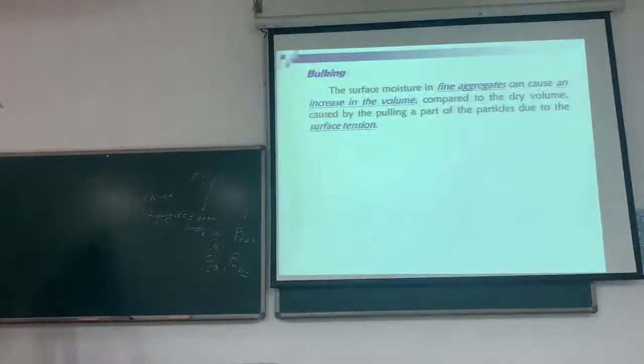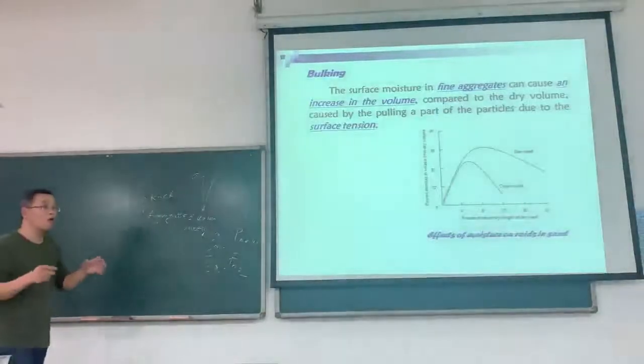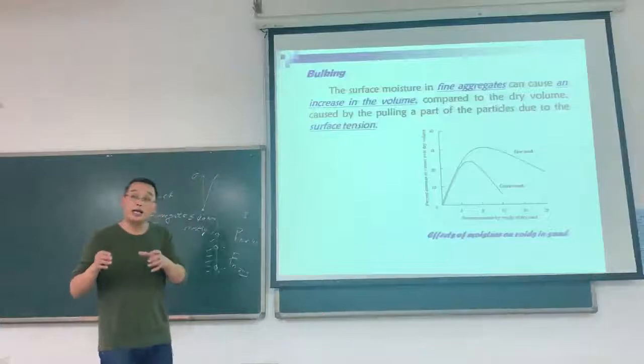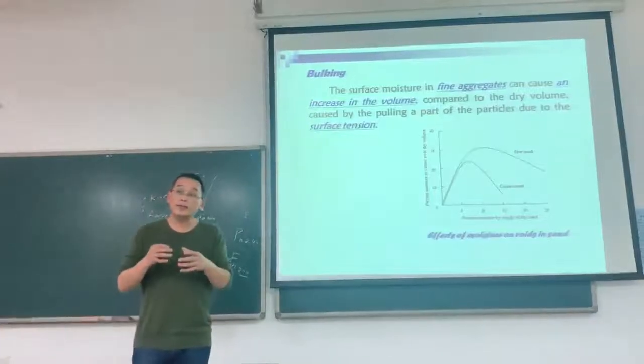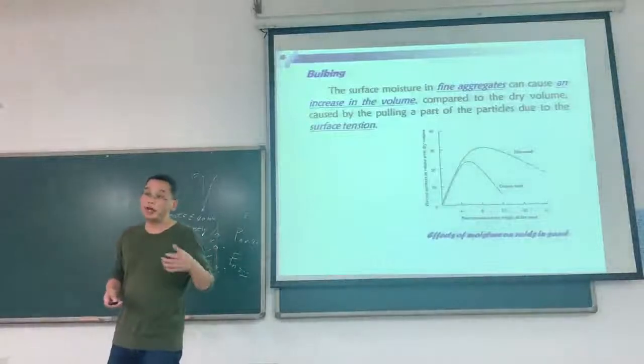The surface moisture in fine aggregates can cause an increase in the volume compared to the dry volume, caused by the cooling part of the particles due to the surface tension. So we always need the aggregate to be dry, oven dry or air dry.